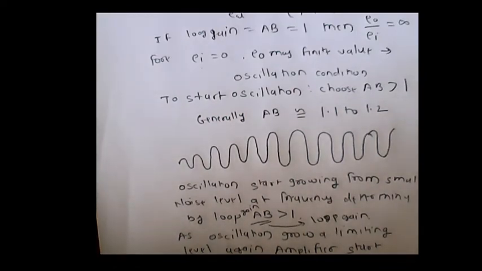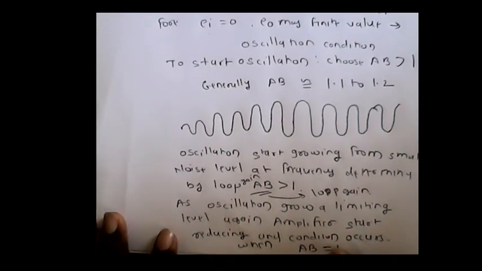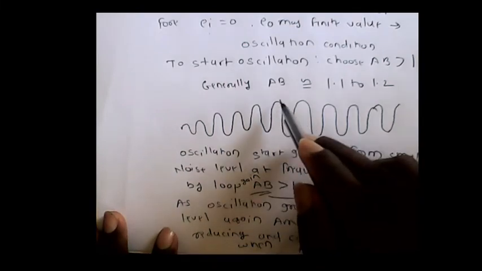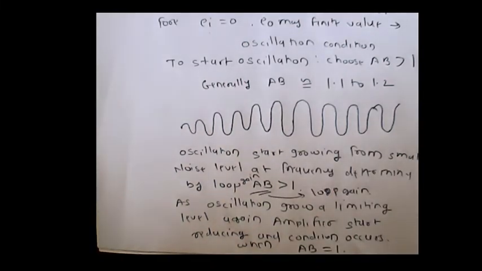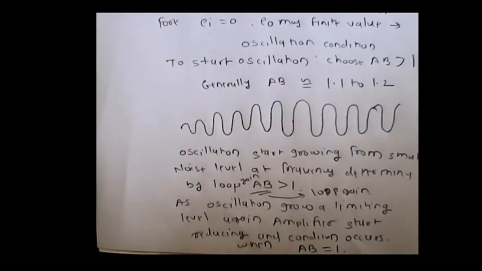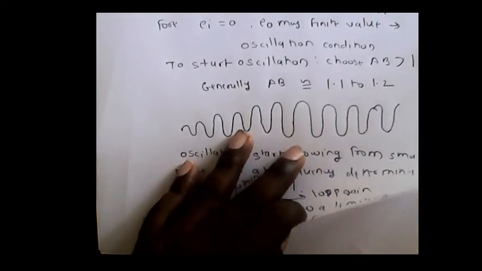If A beta reaches 1, the spikes will be cut off and some part of the upper and lower portions will be cut off, like there is no legs and no head. As the oscillation grows to a limiting level, the amplifier again reduces the gain, and when A beta equals 1, the oscillation stops.